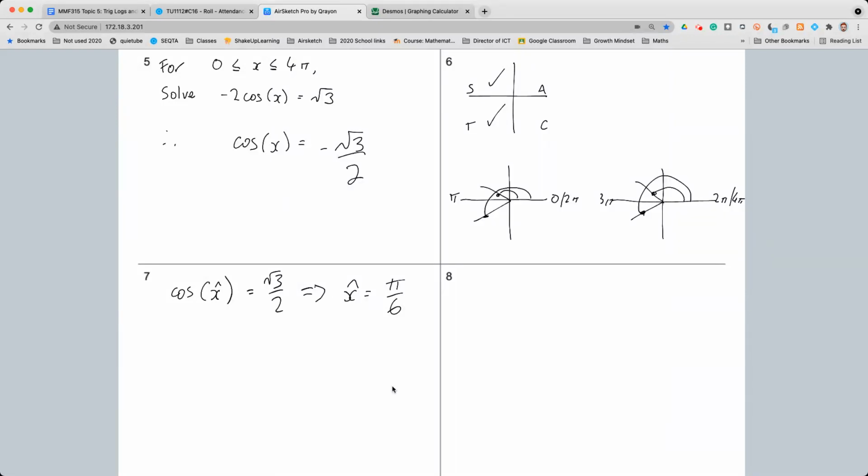Good so far? Yes, Callum? Doesn't root 3 over 2 negative? Yes, so I'll go through that again. Remember how I said that the value of cos doesn't change, it goes between 0 and 1, but it's just whether it's positive or negative.